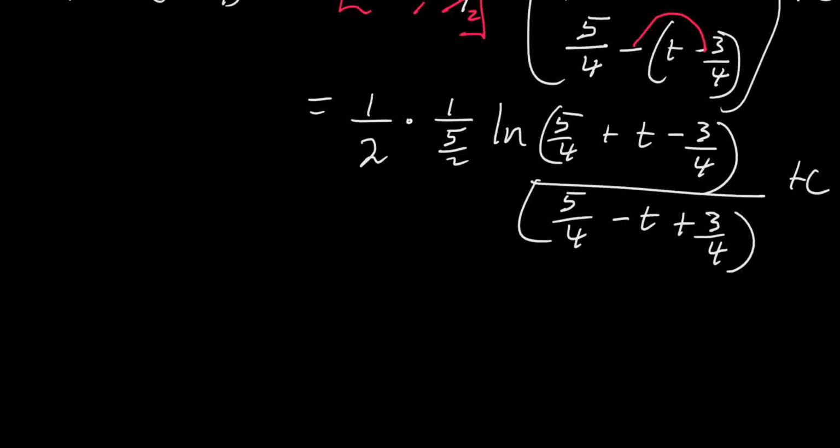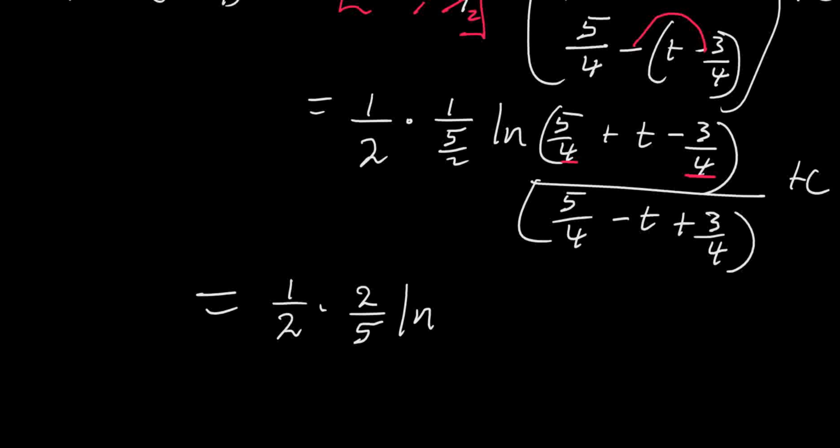So now this will be equal to 1 over 2 times 2 over 5. Again, if we combine 5 over 4 and negative 3 over 4, we have a common denominator of 4.